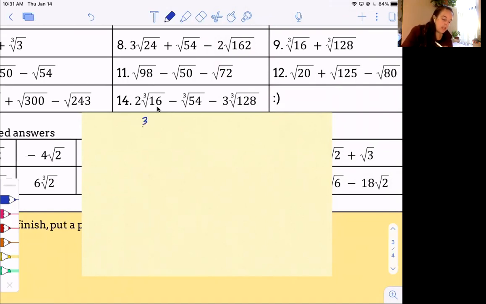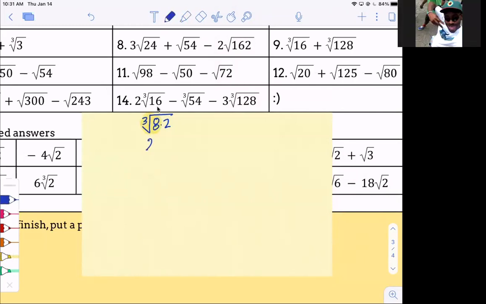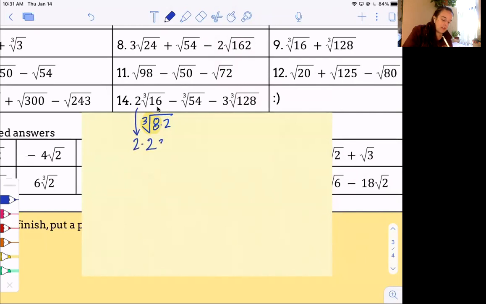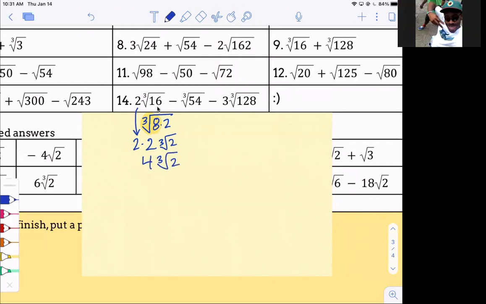So I would say you could use 8 and 2. Oh, okay. Thank you. Yeah, no problem. So then you're thinking, okay, this becomes a 2 on the outside, combining with this 2 that's already there, and then we have this guy like that. So this would end up being 4 cube root of 2. Yeah, I got it. Thank you. Okay. Yeah, no problem.